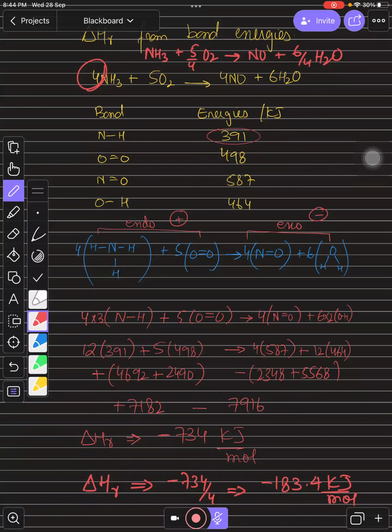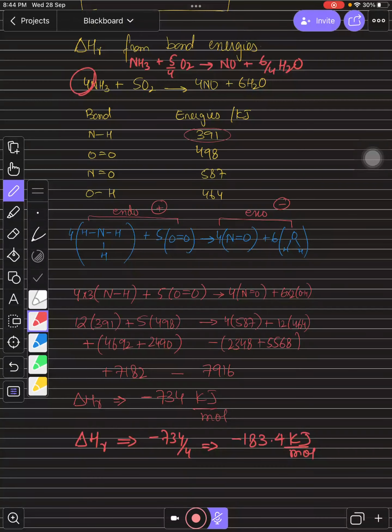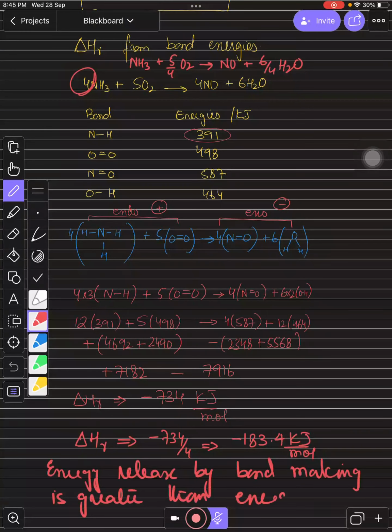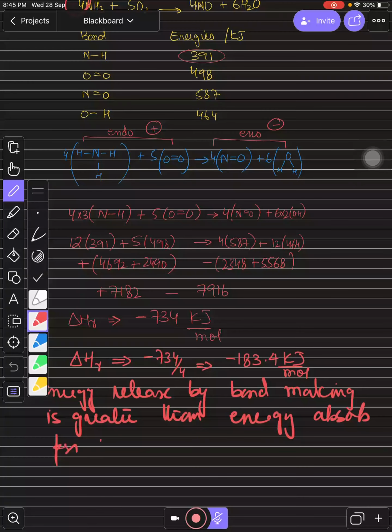What is the reaction? The overall reaction is what? The overall reaction is exothermic. Why? Because the energy released by bond making is greater than the energy absorbed for bond breaking.